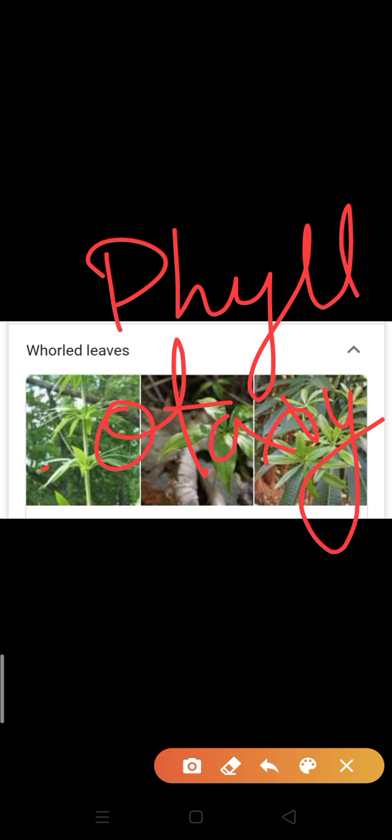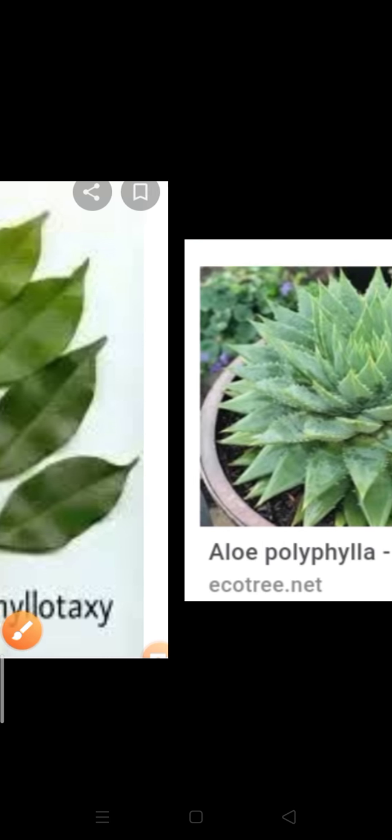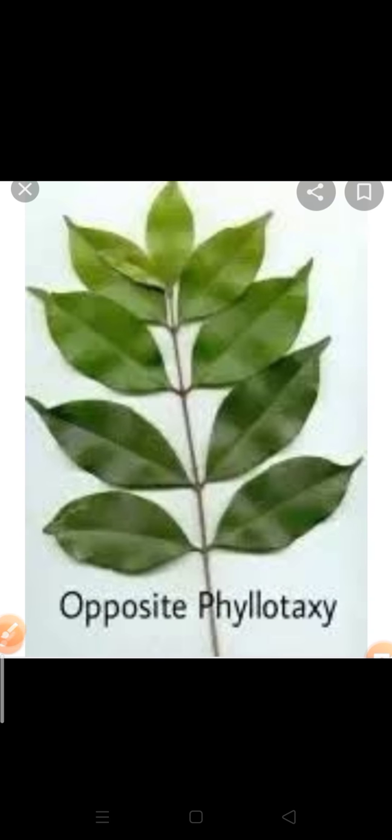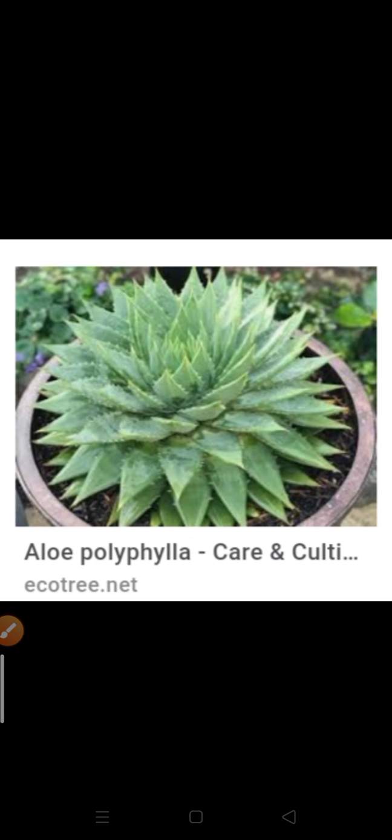So phyllotaxy can be of three modes in which leaves are arranged on the stem. First one is alternate, second is opposite, third is whorled. We start from the alternate pattern of arrangement of leaf. You can see it very nicely in aloe vera.